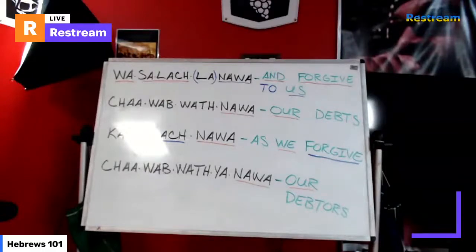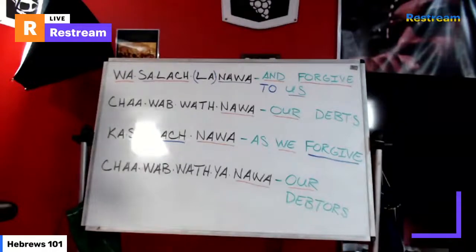All right. So again, we have Kasalak Lanawa. Kabawa Nawa. Kasalak Nawa. And Kawa Wa Yanawa. Right?